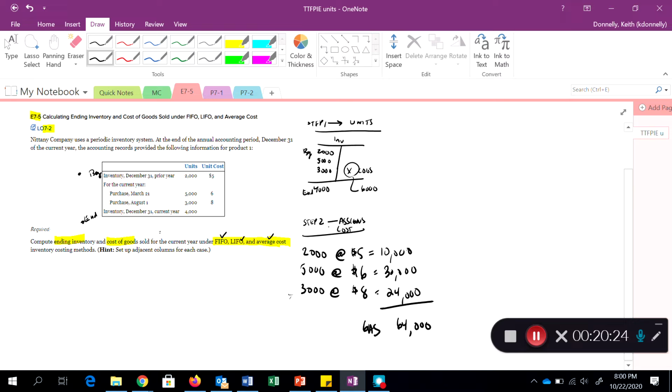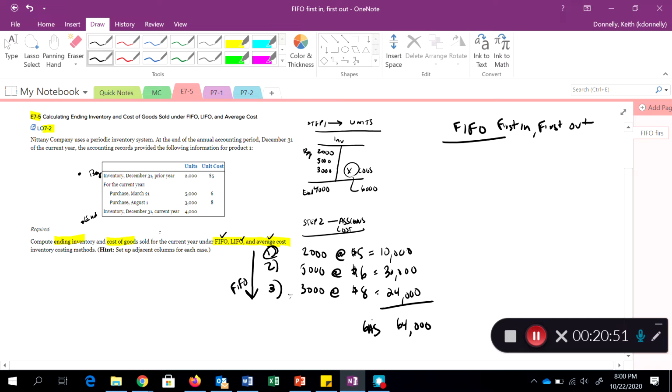So given these facts, let's do FIFO. We know it's first in, first out. So we've got first place, second place, third place. We start with our oldest inventory, our first place inventory, and we work our way down.